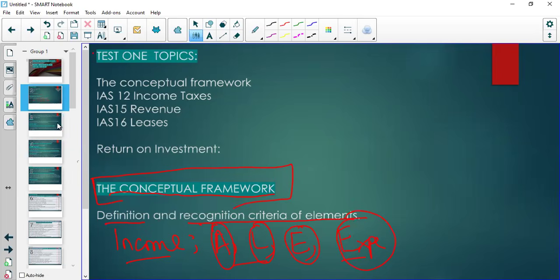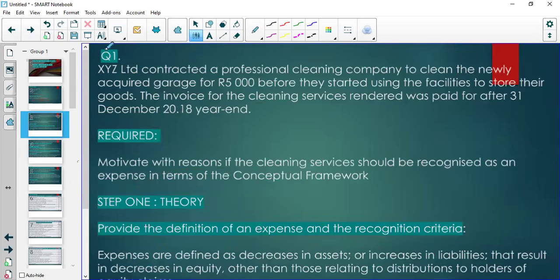Okay. So here is an example that we have that deals with the recognition of an expense. So we have an entity XYZ Limited. They contracted a professional cleaning company to clean their newly acquired garage for 5,000 rand before they started using the facility to store their goods.